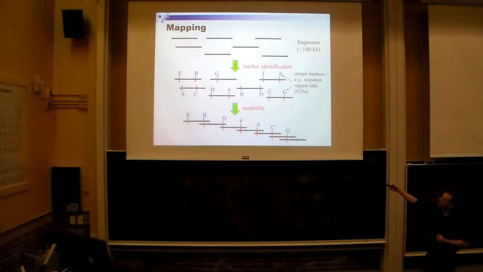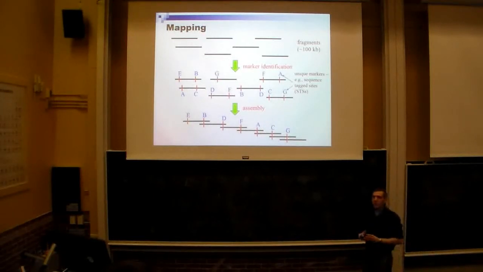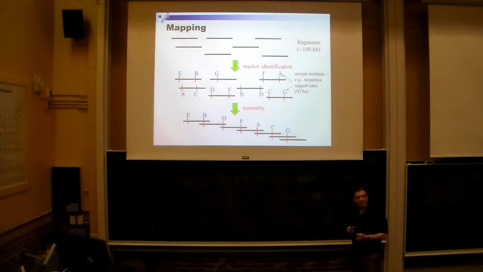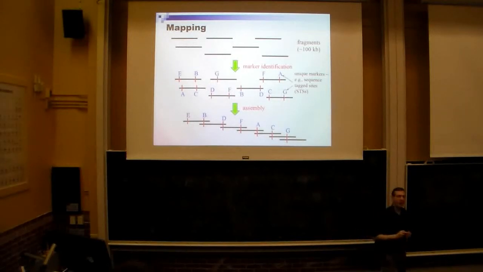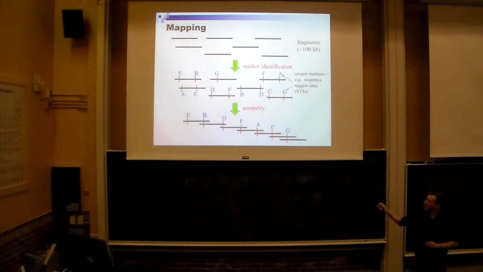So in the simplest version, you could literally look for the same marker occurring in different ones of these fragments, and then just link together between successive fragments. There are more complex methods where you can estimate approximate distances between markers, even if these aren't exactly overlapping, and then the math gets more involved, but you can put this together.